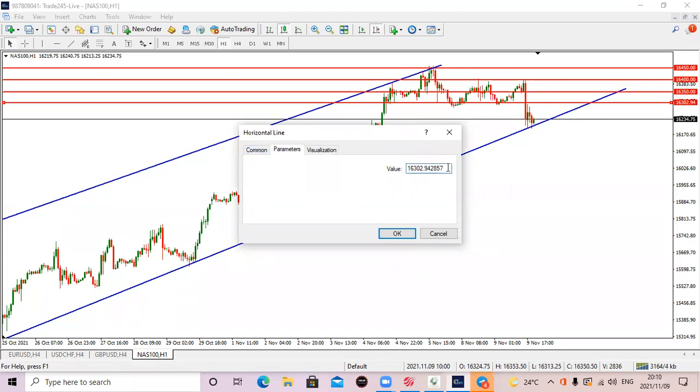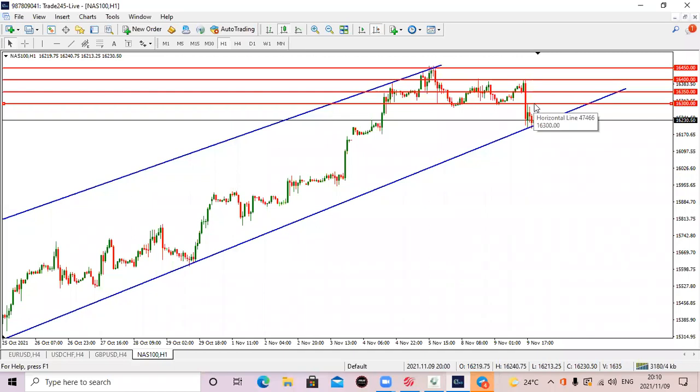I make sure I delete all the digits, so that you only have the number. The two numbers after the comma, don't worry about them. Then you can just press enter, and your LP is valid. So you have your 100 LP there.